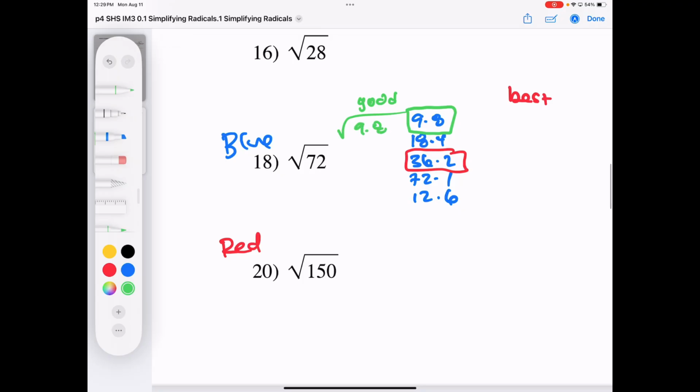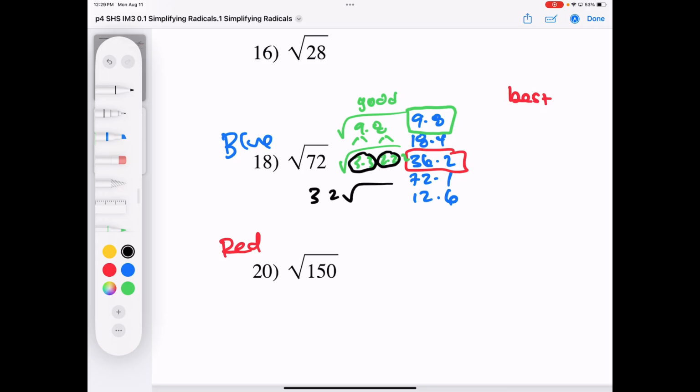9 times 8 is the same thing as 72, and then the 9 turns into what? Oh, that's why. Now I have to break down this one. 8 turns into what? Oh man, that's like 2, 2, 2. Too many 2s. So now we circle the pairs. Pay attention.